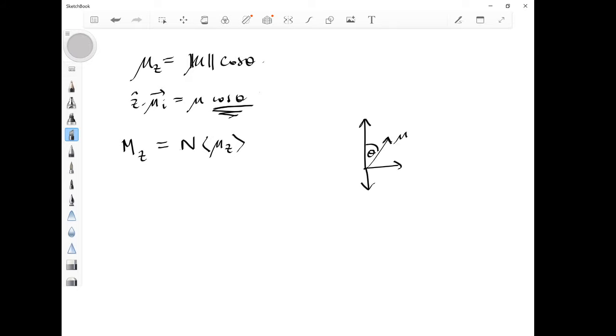Mu is always going to be fixed for each dipole, so it's a fixed number that can always come out the front, and then your cos theta is just an orientation term. Because if you project this onto the z axis, then you'll end up with a cos theta. Cool. I hope that helped.